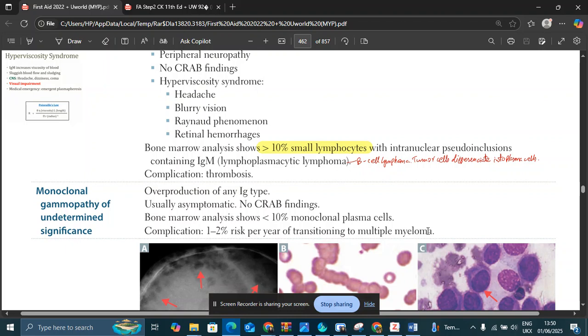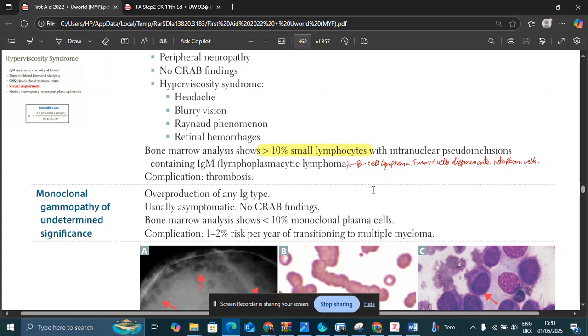There is overproduction of plasma cells, but those plasma cells will be less than 10%. When we do the bone marrow biopsy of multiple myeloma, we see more than 10% monoclonal plasma cells. So, we can say in simple words that MGUS is a milder condition that can progress to multiple myeloma.